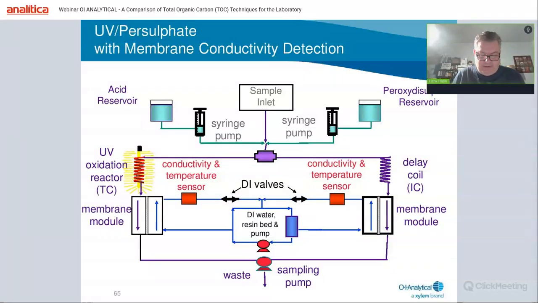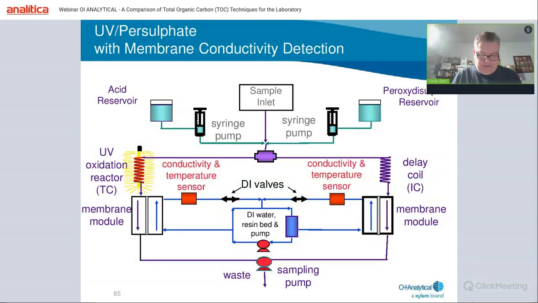Carbon dioxide generated in the oxidation step changes the conductivity of the deionized water. The change in the conductivity is related to the carbon concentration in the oxidized sample. The membrane in the membrane module is a CO2 selective fluoropolymer that is hydrophobic and non-porous.